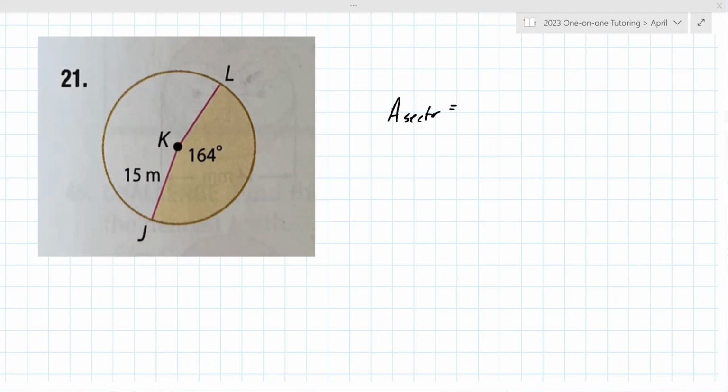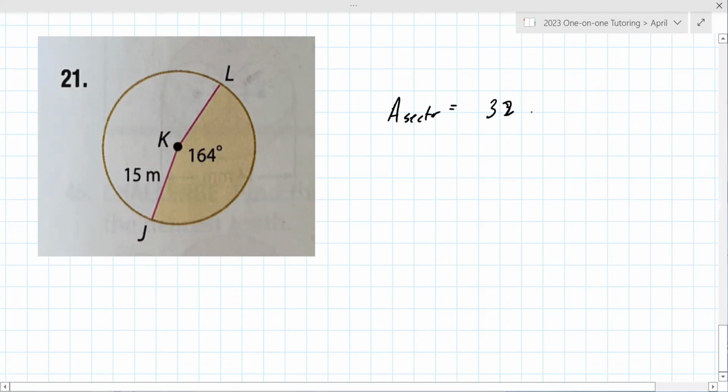I got 322.0 square meters. Yes. Very good. All right. So 22 and 23 are slightly different.